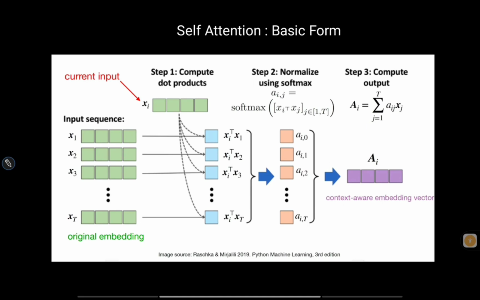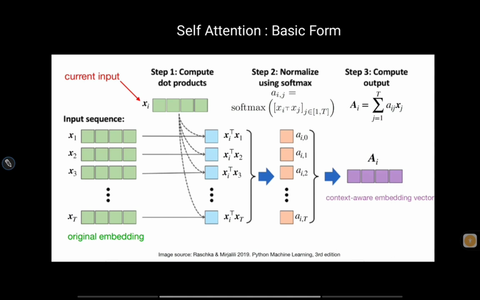Once we have those dot products, we normalize using a softmax, and after that we can calculate a more context aware embedding vector for xi, right? Using the summation from j equals 1 to t of aij multiplied by xj, we can calculate the ai. That is a more context aware embedding vector for the xi.